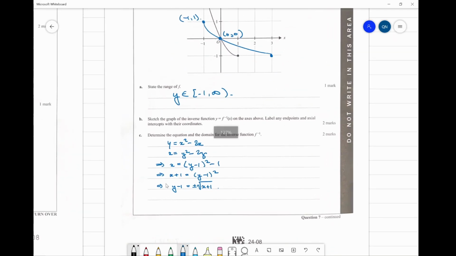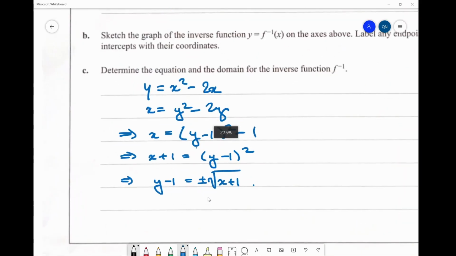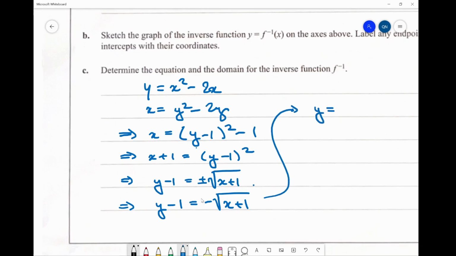So the range of this has to be negative infinity to 1. It doesn't make sense to choose the positive branch, because we'll get something going from 1 to infinity. So we've got to choose the negative branch. So y minus 1 is equal to negative square root of x plus 1, and bringing it up over here, we have y equals 1 minus the square root of x plus 1.